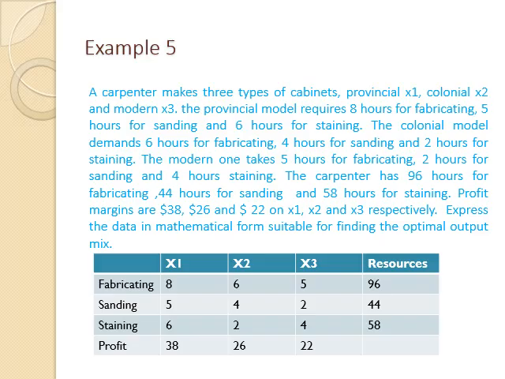Let us design a table for example 5 in order to help us construct the linear programming problem. This table consists, of course, of 3 decision variables: X1, X2, X3, and the first column consists of three processes: fabricating, sanding, staining, and the profit.